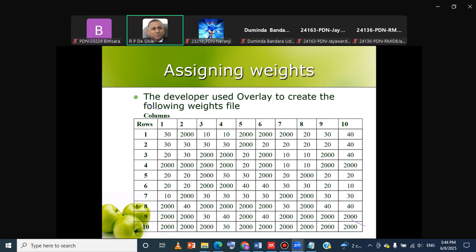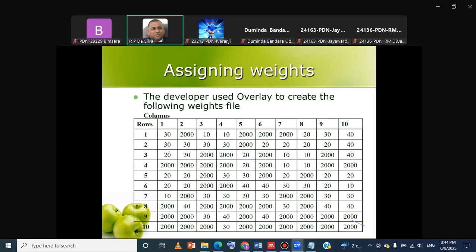Now, what is the least cost path? What is the minimum cost path for the developer to put the pipeline from cell 1,1 to cell 10,10? Right? I'll give you a few minutes to think.